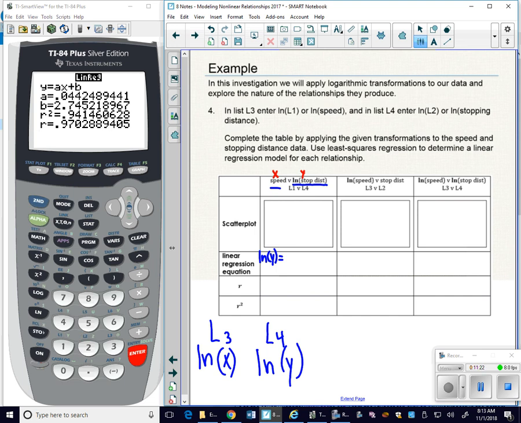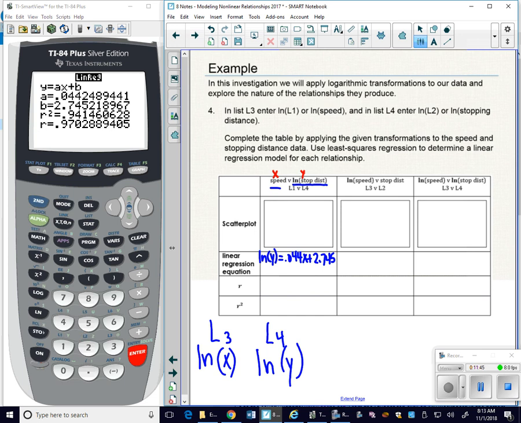So the natural log of y is equal to, and I'm going to go ahead and enter my slope of 0.044. I am using the actual x's, my speed, and then I've got plus 2.745. And that would be the least squares regression equation based on the transformed data.